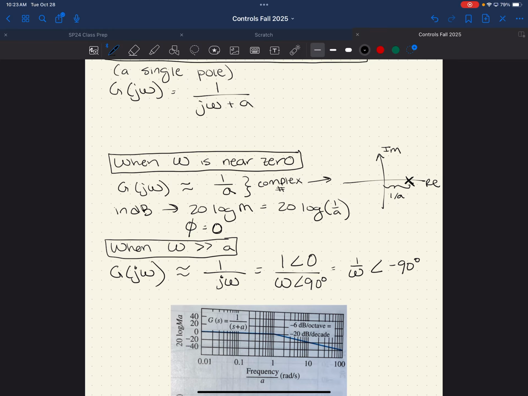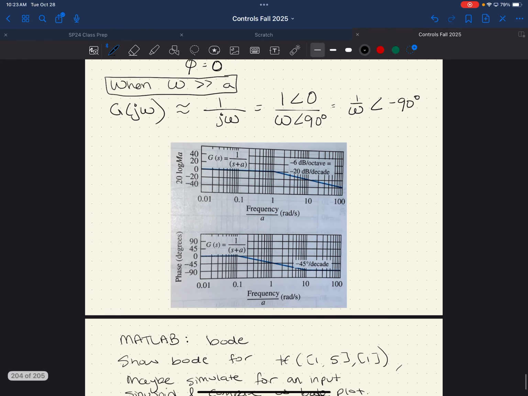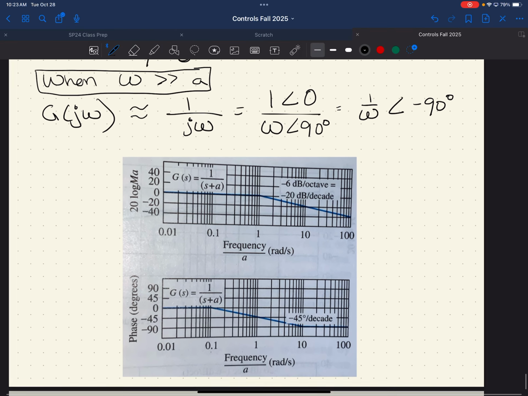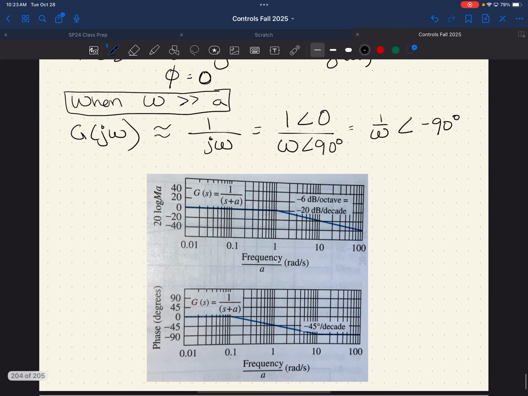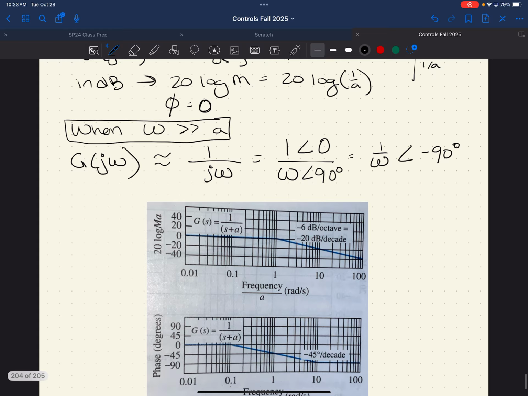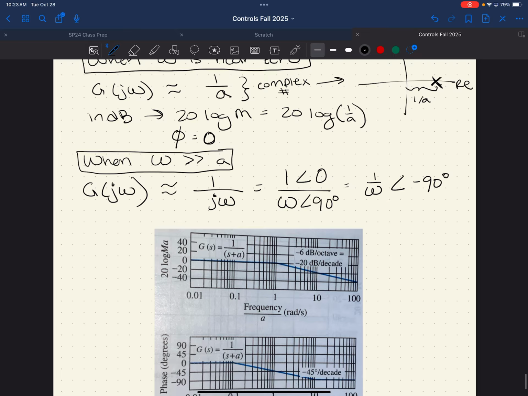Okay, you can convince yourself that this is the appropriate Bode plot for this system. So we do the same thing as before, where I take my low frequency.